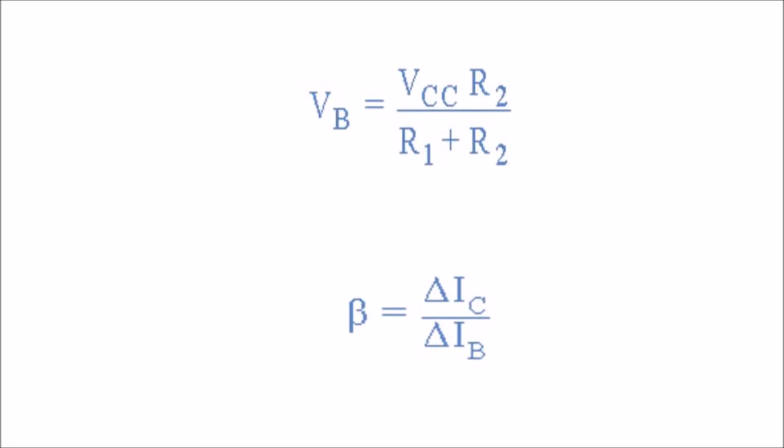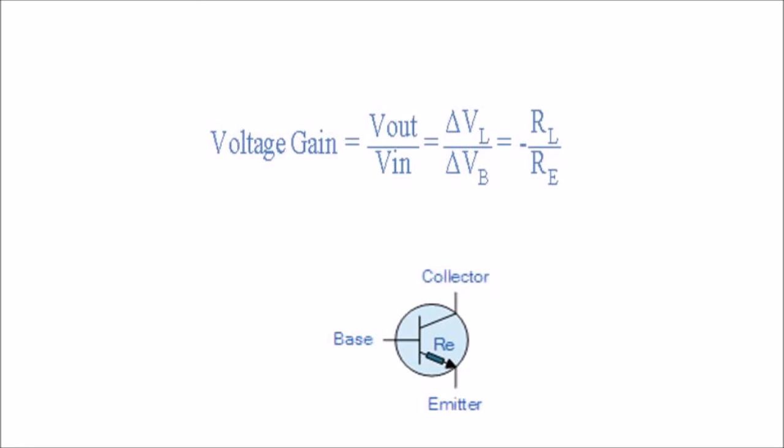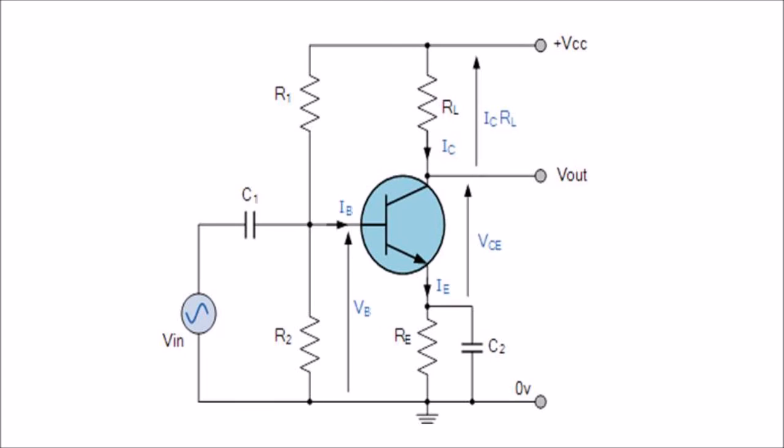So dear students, these are the basic principles of the common emitter amplifier. The common emitter amplifier circuit has a resistor in its collector circuit. The current flowing through this resistor produces the voltage output of the amplifier. The value of this resistor is chosen so that the amplifier's Q point, that is the output voltage, lies halfway along the transistor load line.